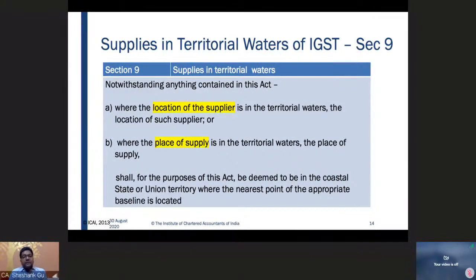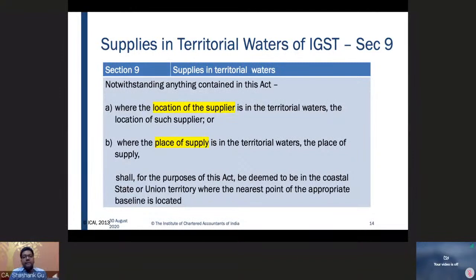Section 9 says, notwithstanding anything contained in this Act, where the location of the supplier is in the territorial waters, the location of such supplier, or where the place of supply is in the territorial waters, the place of supply shall for the purposes of this Act be deemed to be in the coastal state or union territory where the nearest point of the appropriate baseline is located.